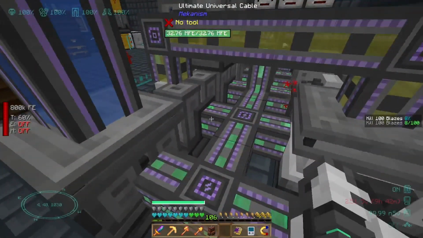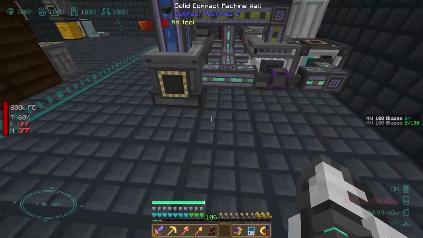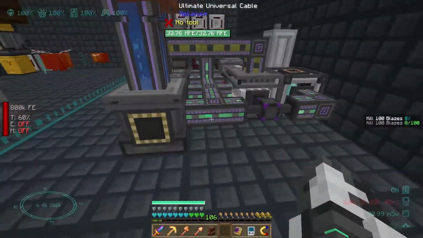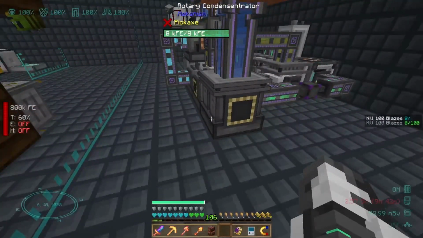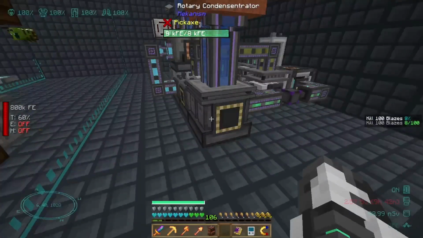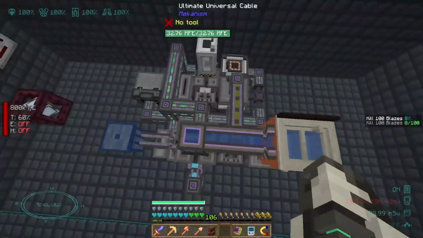Again, the power is going through the back here. I'm in the compact machine, so all these machines are currently touching the ground, so nothing is currently touching the bottom. If you're doing this in another setup, by all means, you can set it to be on the bottom if you want. I know this is a little bit of a mess.